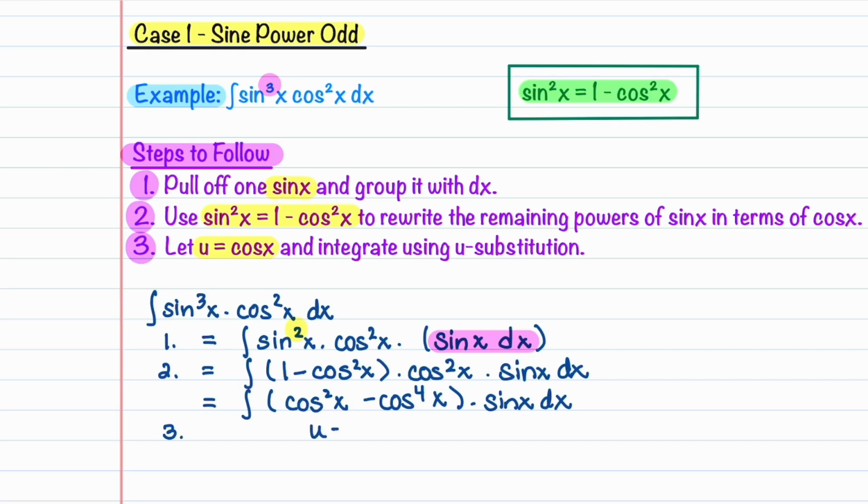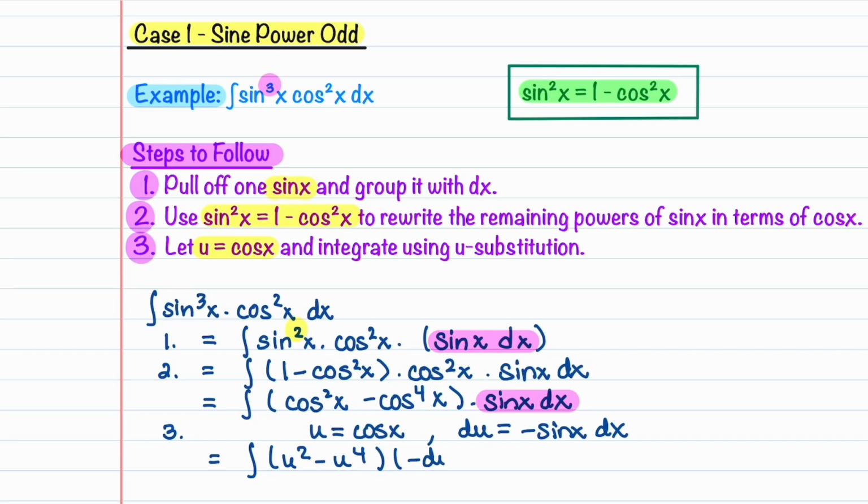We have u is equal to cos x, and just like we talked about, our du is equal to minus sin x dx, and we have that right in our integrand. We'll have to watch out for the negative here. We have u² minus u⁴, and then we have a minus du.